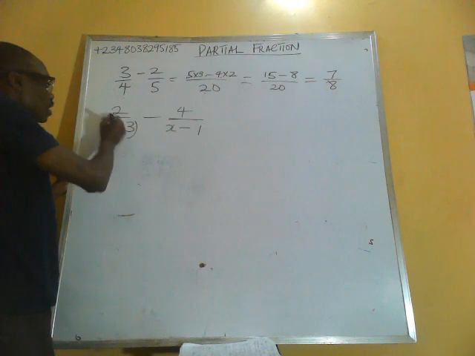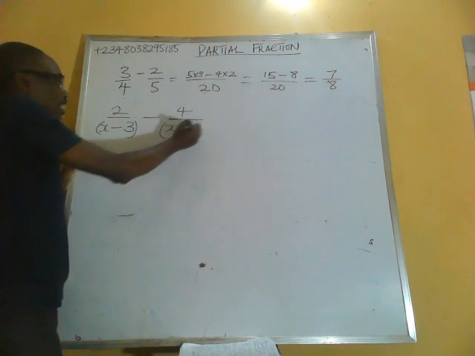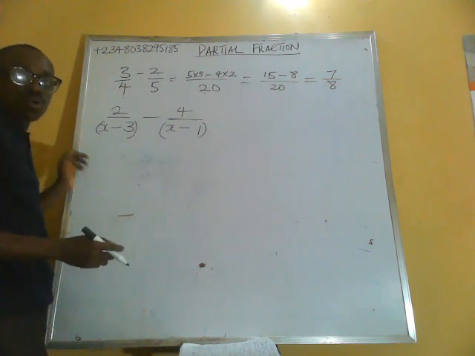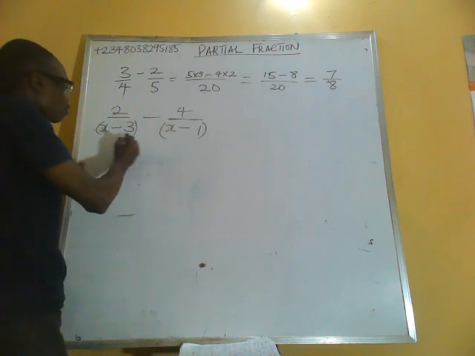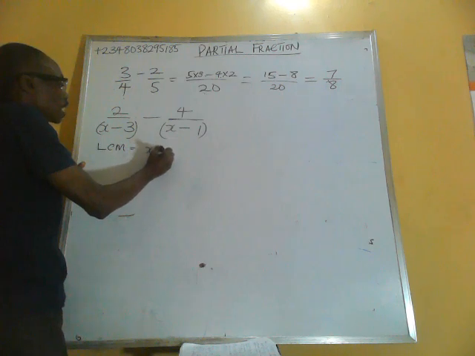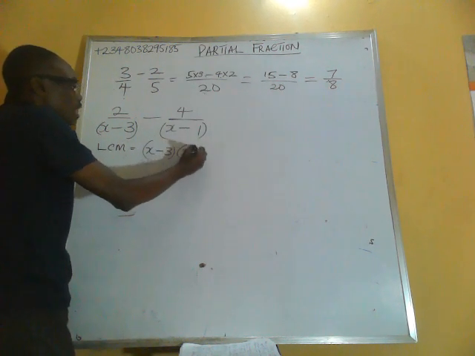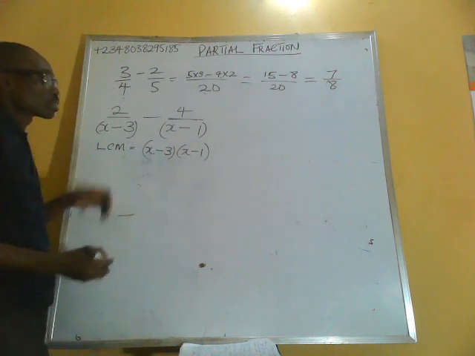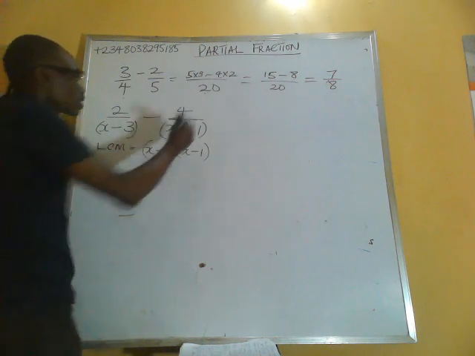Here we have a linear expression, and this is another linear expression. So the LCM of x minus 3 and x minus 1 is going to be x minus 3 into x minus 1.